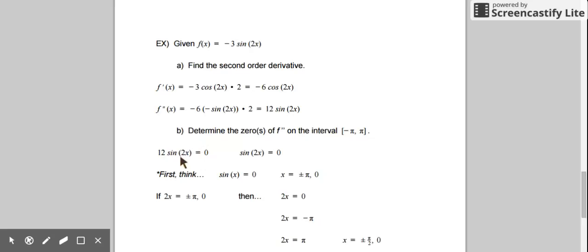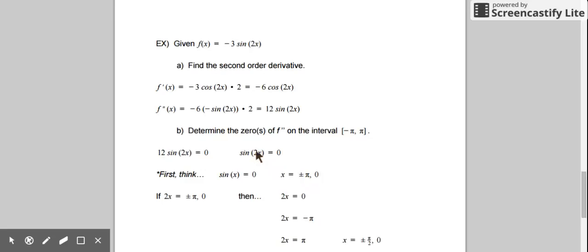So zeros of the second derivative, we can divide both sides by 12 and just find zeros of sine of 2x. And actually we could imagine that we're just finding zeros of sine of x first, and then work with that. So zeros of a sine function on this domain are going to be positive and negative pi and 0, places where our height is 0.